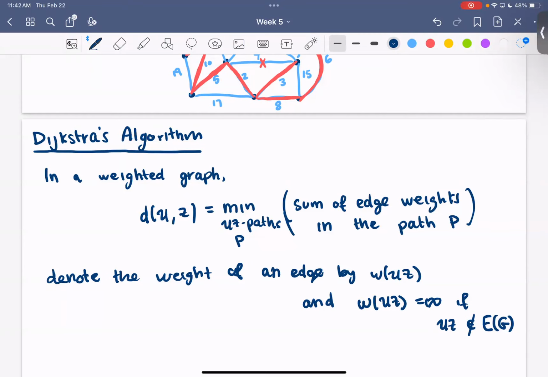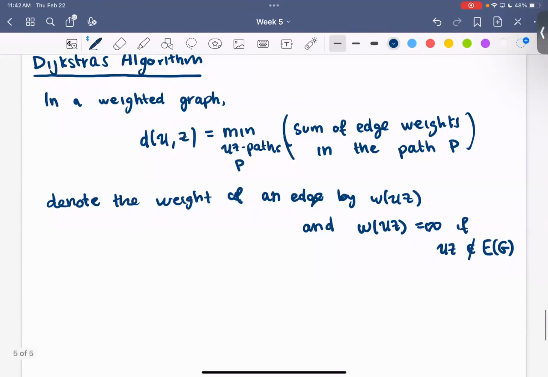Okay, so for the algorithm, our input is going to be a weighted graph G together with a vertex U in that graph.